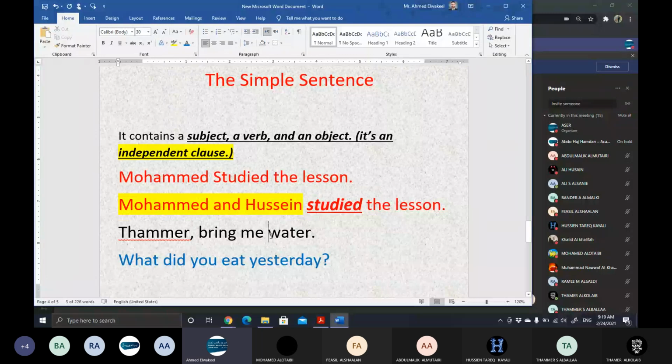A subject can be a single one or a compound one. Single means only one person performing an action, and compound means more than one. And of course, it can be three people. No problem in this. So Muhammad studied the lesson is simple. Muhammad and Hussein studied is also simple.